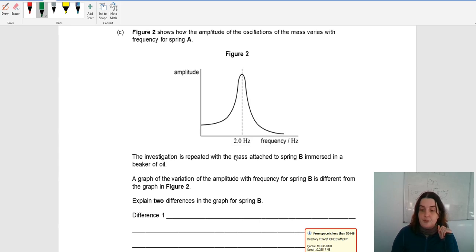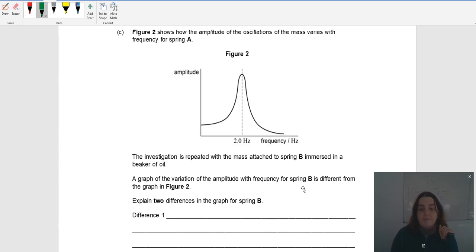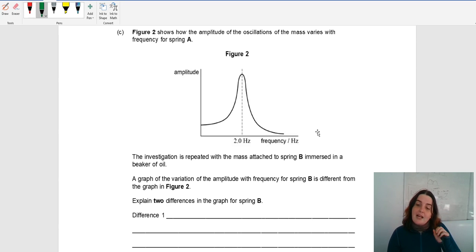Explain 2 differences, okay? If you think about it, the natural frequency of B is actually going to be 3.6 or 3.46. So I know that if this was without the oil, I would have a peak to the right of the object.